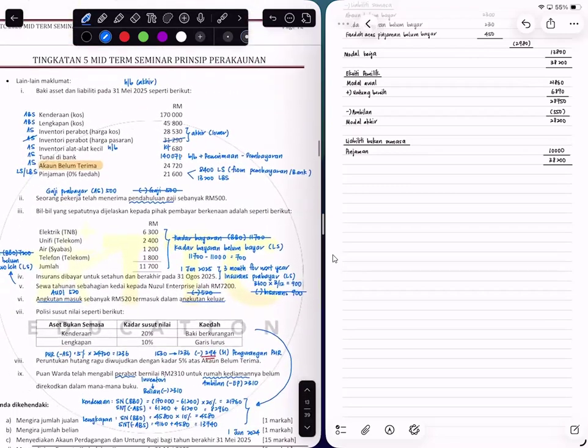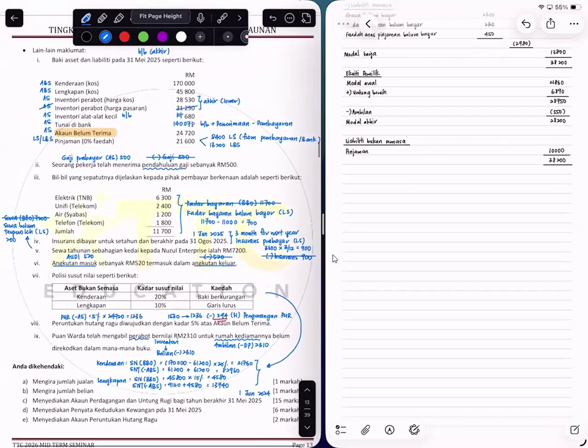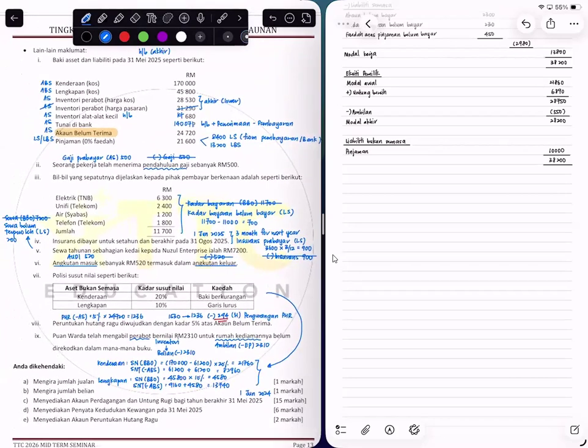Okay, then second part, second page, which is a lot of pelarasan, one page of pelarasan. Okay, done.